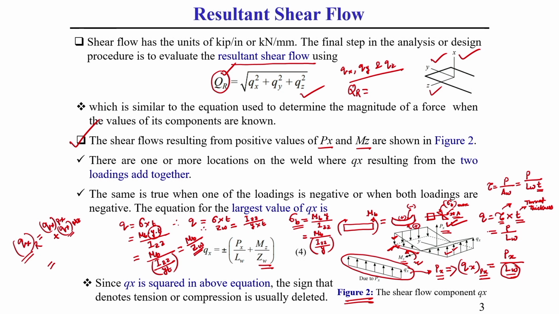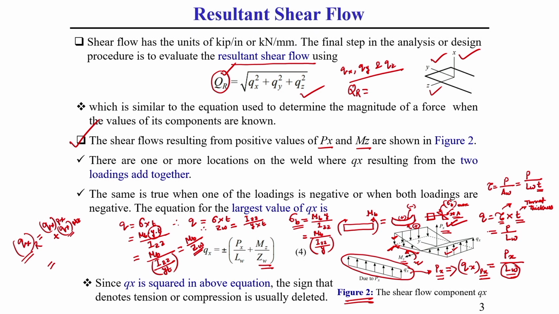You need to find the Qx resultant which is maximum due to this combined force, because for finding the allowable resultant shear flow, you need to choose the critical location where your shear flow is maximum.